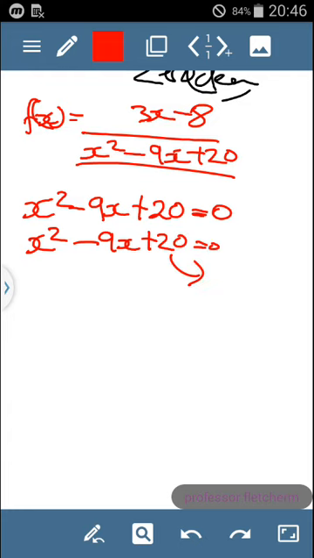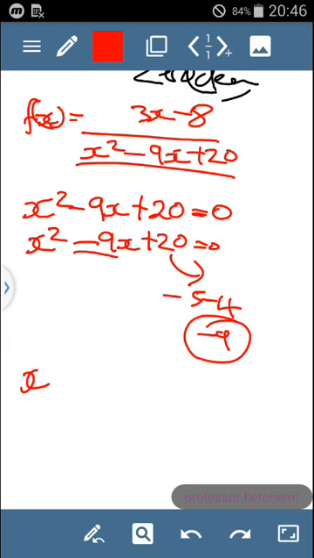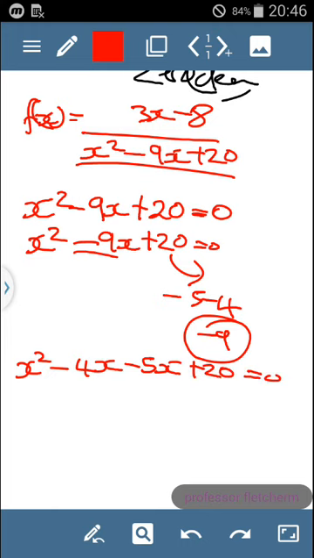We are going to look for factors of 20 which, when added together, give us minus 9. So we have minus 5 and minus 4. If you add them, you get minus 9. Those are our factors. So it's x squared minus 4x minus 5x plus 20, equal to 0.